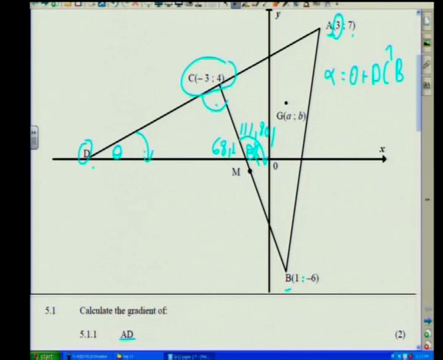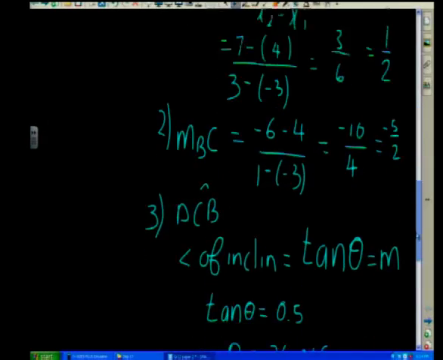But we know what alpha is and we know what theta is. The only unknown is DCB. So if I want angle DCB, I've got to say alpha, which is 111,81, minus theta, which we got as 26,565.